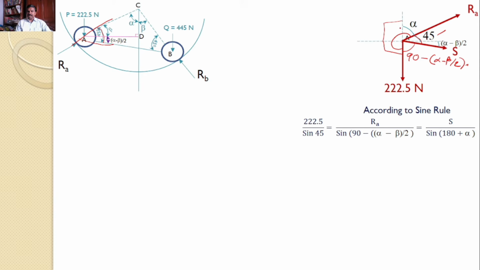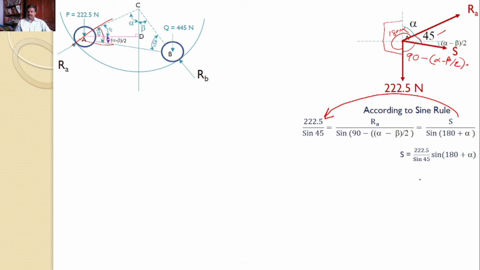So this angle becomes 180 plus alpha. So I can write S by sine 180 plus alpha. Now let us simplify. First you take these two expressions and I can write S is equal to 222.5 by sine 45 into sine 180 plus alpha.